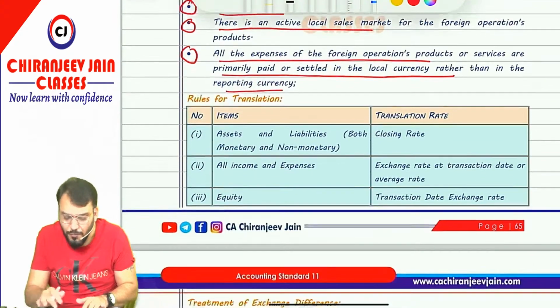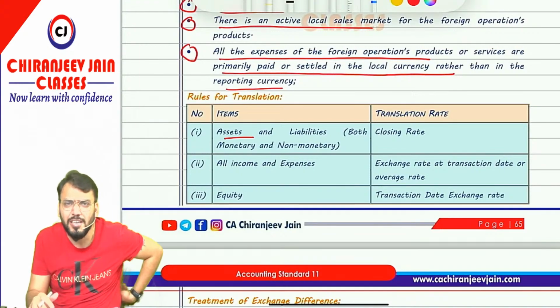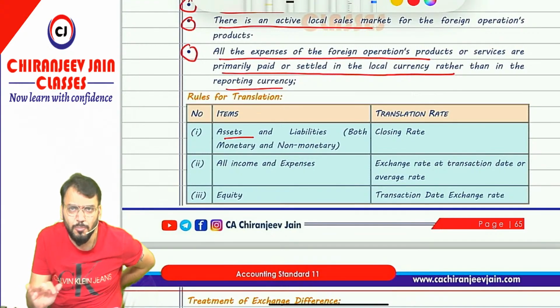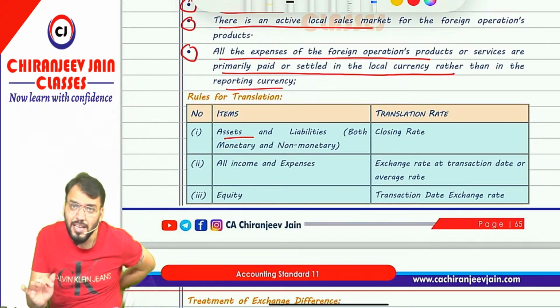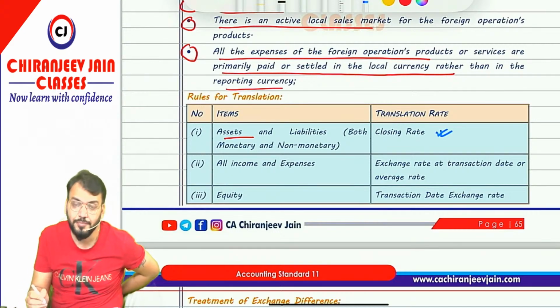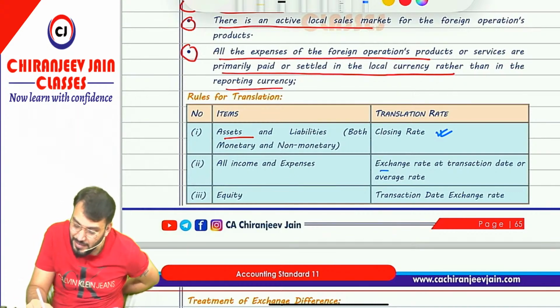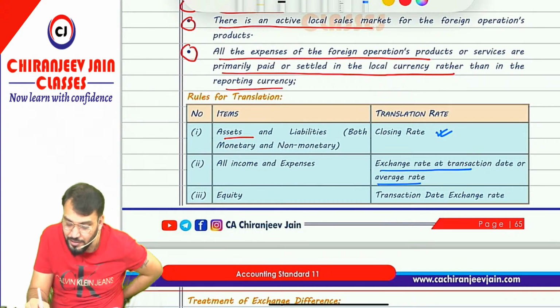Now for them the rule is very simple: all assets and all liabilities, whether monetary or non-monetary, there is no concept of monetary and non-monetary in this case, will be translated by using the closing exchange rate. All income and expenses will be translated by using the transaction rate or average rate.